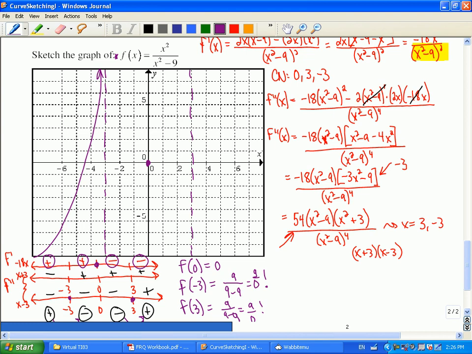Why do you think? What do you think I might have missed here? Well, what other key features might be on this graph? A horizontal asymptote might be on this graph, right? How do we find horizontal asymptotes again?